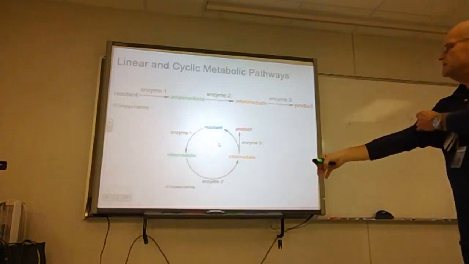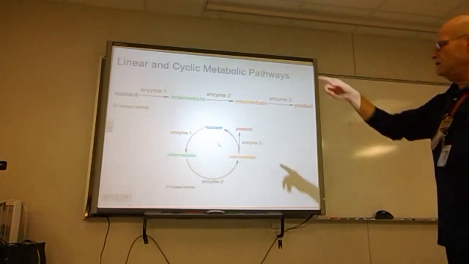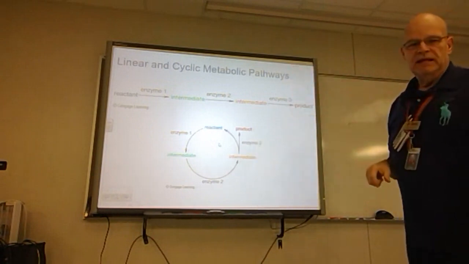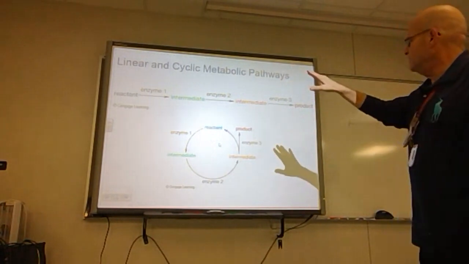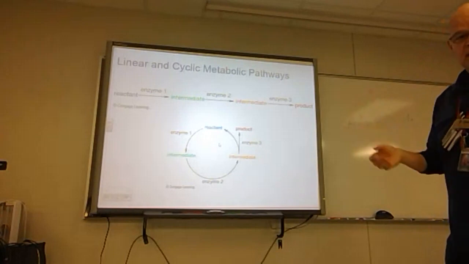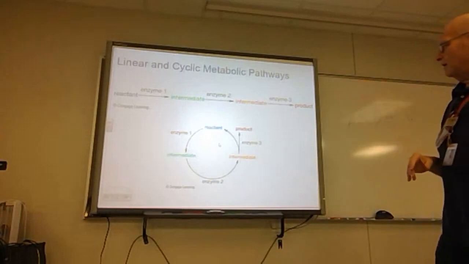Again, there is a linear and cyclical view of metabolic pathways. Again, you start with the reactant, act on it by enzyme 1, you get some intermediate structure. That intermediate is then reacted on by enzyme number 2 to get another intermediate structure, and then you get enzyme number 3, which produces your final product.